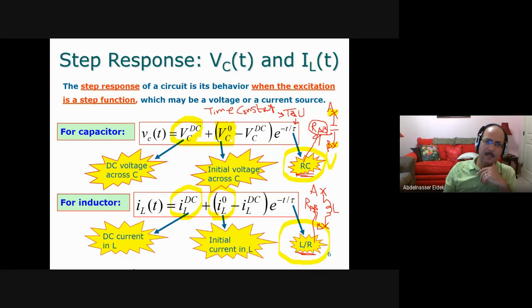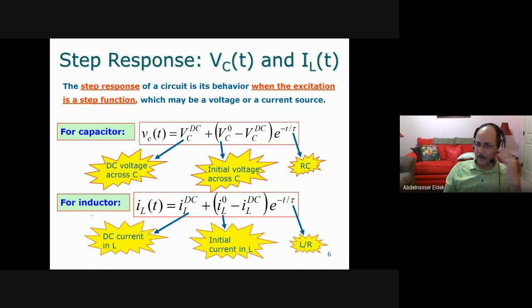Now let me erase everything. If you look at the first equation, and assume that t is infinity, so you are charging the capacitor for a long time, what happens?